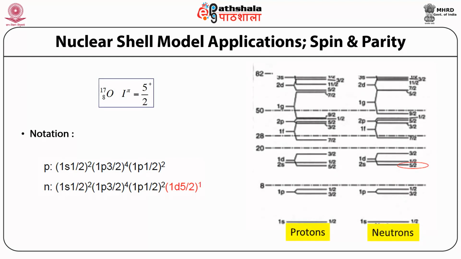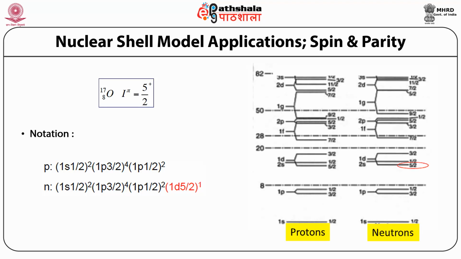Nuclear shell model applications, spin and parity. We continue our discussion about how the spin and parity values in various nuclei can be explained with the help of the shell model. In this slide, the energy levels of oxygen 17 are plotted for protons and neutrons.